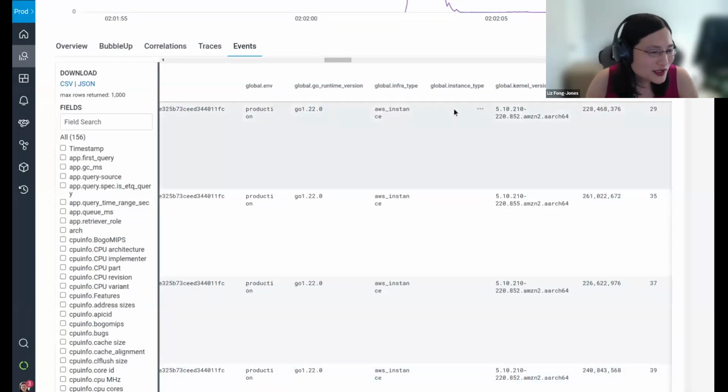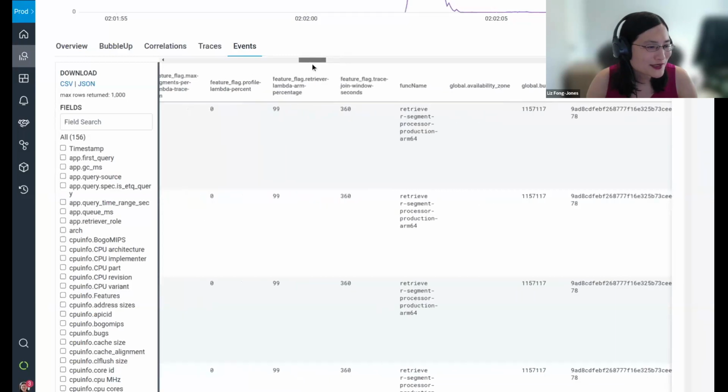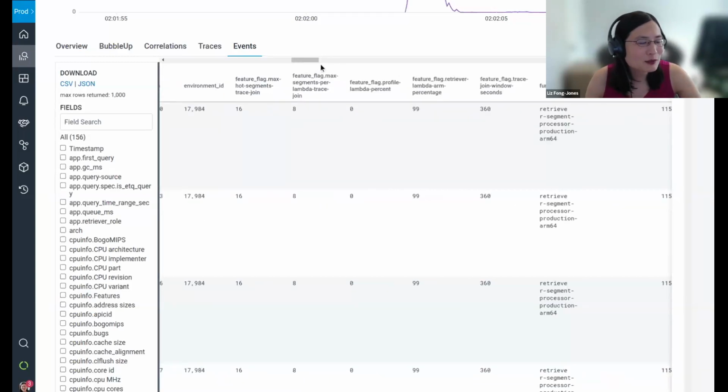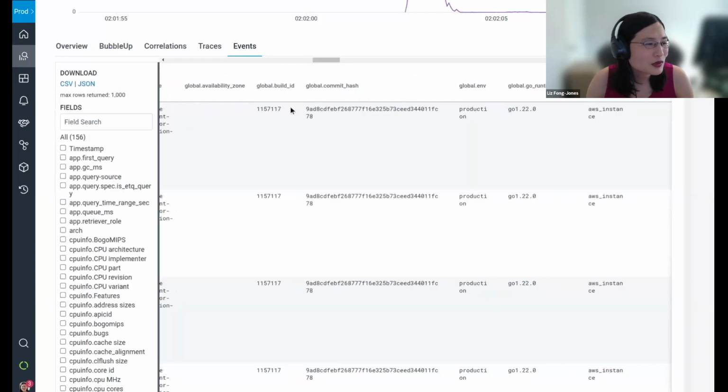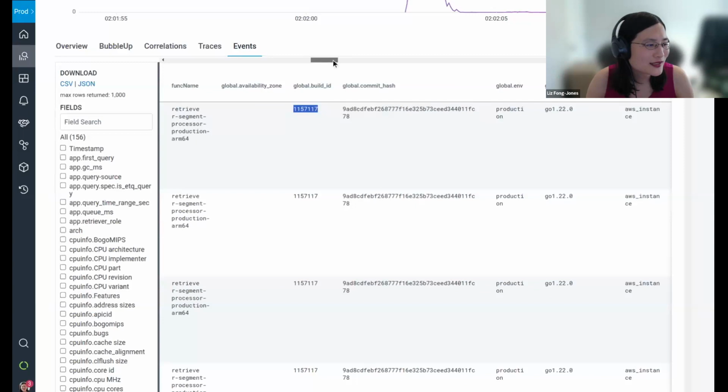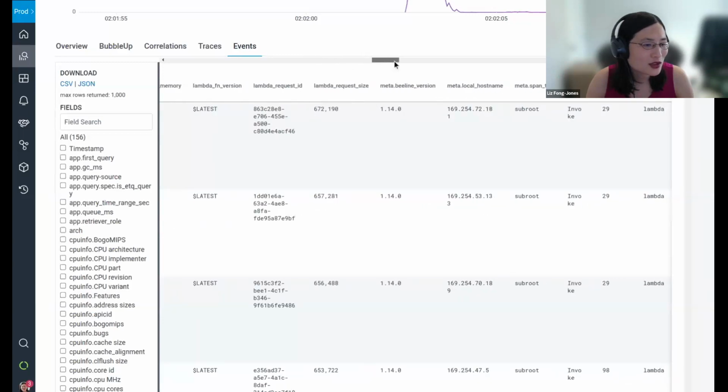Let's ask the question: has performance gotten better or worse with different Amazon kernel versions running on the Lambda workers and Go runtime versions? That seems like an exciting question. But you can see I've decorated many different attributes. I've decorated the values of feature flags, the tenant ID, which build it's running, the name of the Lambda function, and all of these. And here's the Lambda request ID as well, so if you want to cross-correlate to X-Ray, you can do that too.